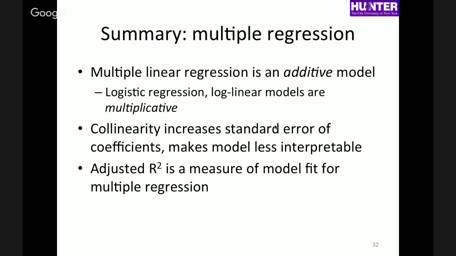It causes large standard errors because it can't determine which of those variables is responsible for an association. So if you have one variable in your model and you add another variable and see that the standard error goes way up, that's a sign of colinearity. And adjusted R² is a good measure of model fit for multiple regressions.